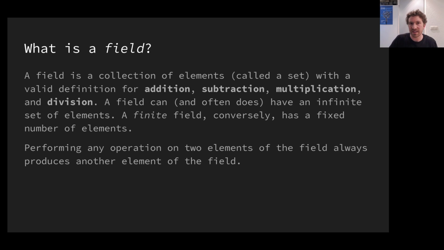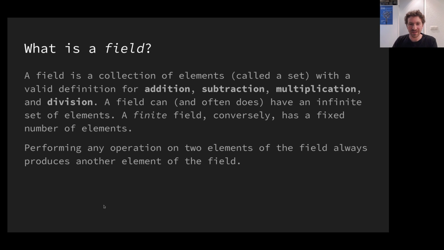So in that sense, that's an infinite set, but a finite field has just a fixed number of elements. And performing an operation on any of the elements in a field always just produces another element of the field, right? You can't escape the field. So if I multiply two numbers in a Galois field, I'm going to get back another number in the Galois field. All right, so that's what a field is, and it is suitably generic, right?